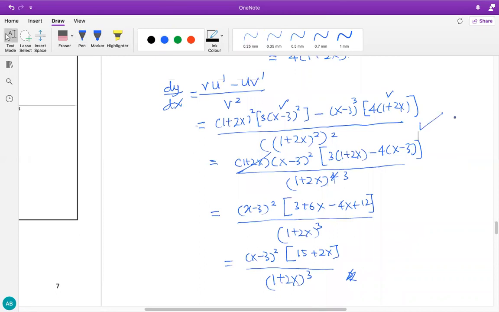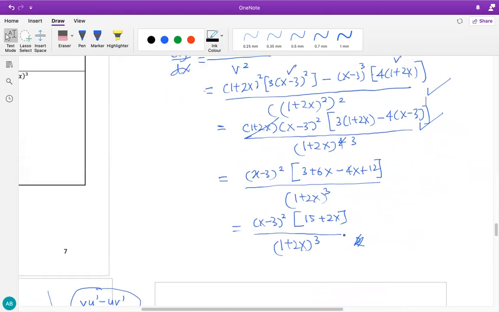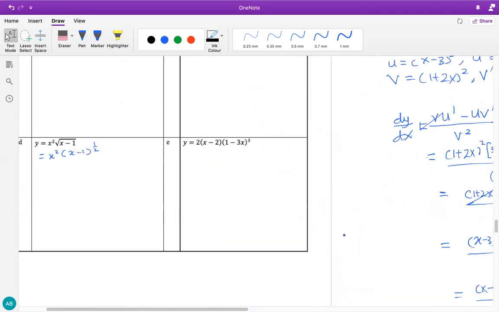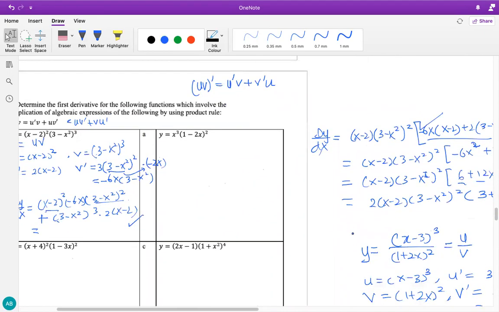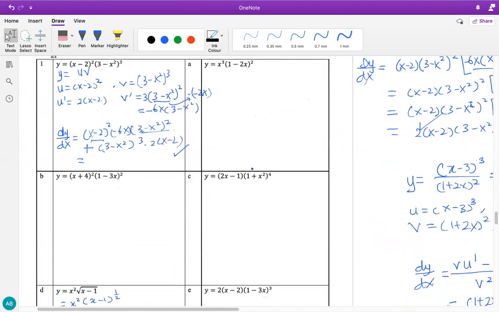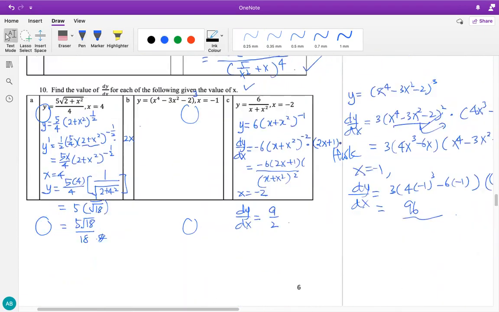If this question is 4 marks, then you have to show until here. So this is A. So you can continue to do B, C, D, E as your homework.